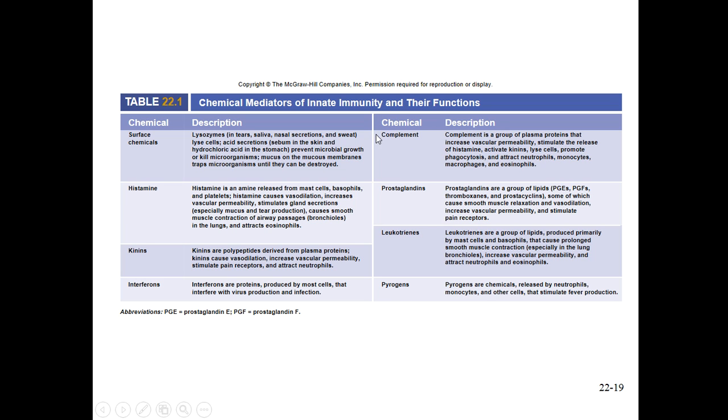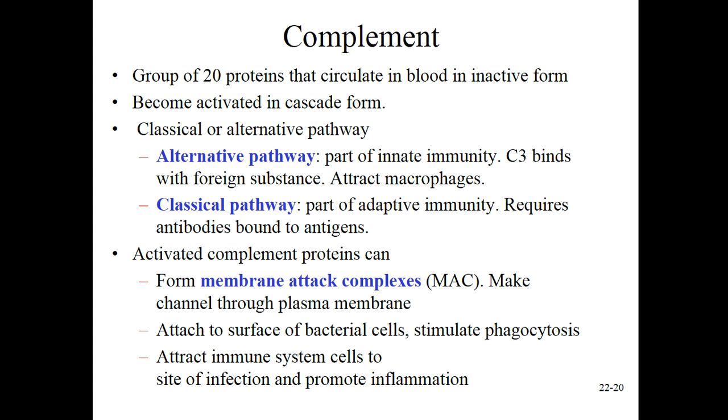And then complement, really an amazing family of plasma proteins, self-assembling immunological weapons that we'll learn about right here. Complement, a group of 20 plasma proteins that circulate in the blood in an inactive form, sort of like what we had seen with fibrinogen.